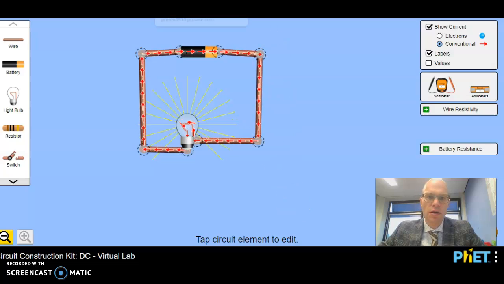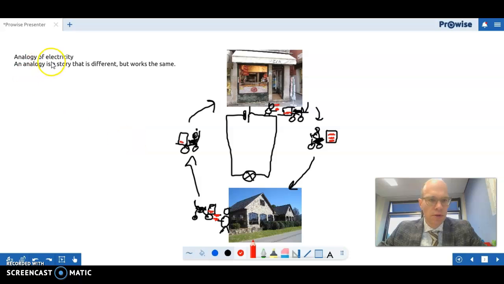And if you make an analogy, you have something that is a different story but works the same. For instance, my analogy, well, Mr. Sebring uses leprechauns all the time for this, but my analogy is with pizzas. We have a pizzeria over here, and we have these delivery guys on mopeds going around in circles to homes and then back to the pizzeria to get new pizzas, and so on and so on.